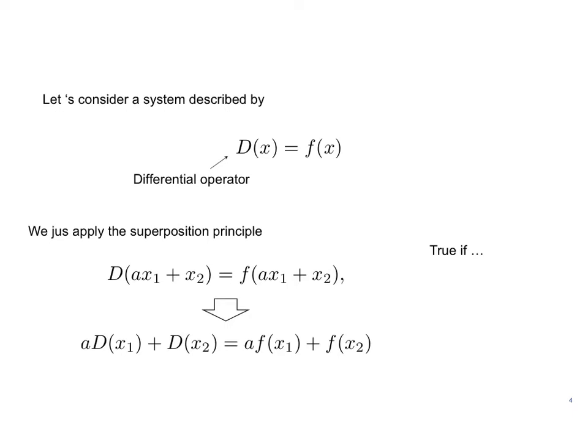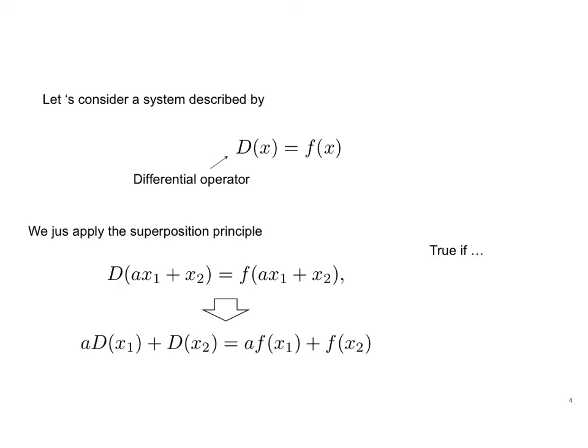But let's remember what a linear system means. In this equation we have two different mathematical terms. We have the differential operator, and the right-hand side is an algebraic function of x and y. Here there are no differential operators.